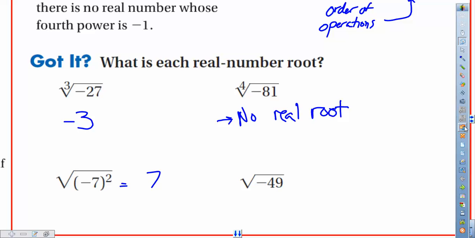However, the one on the bottom right, the square root of negative 49, has no real root. So you'll see several problems on your homework where you're doing just that. Watch out for when it's an odd index versus an even index, and how many solutions there should be, or if there is even an answer at all.